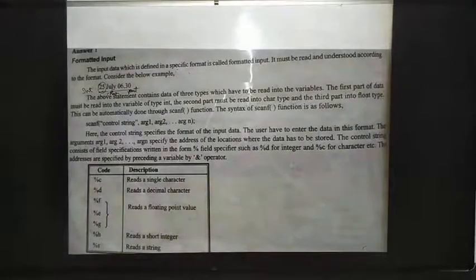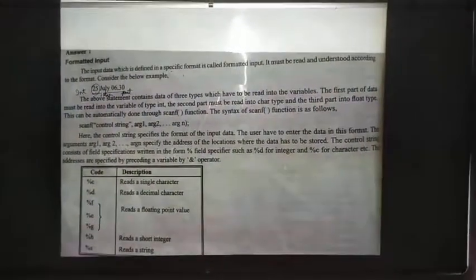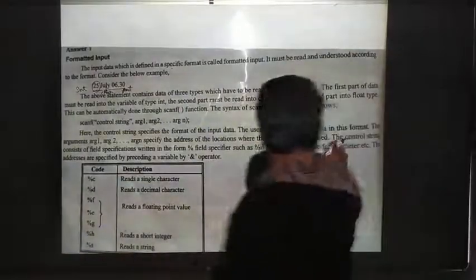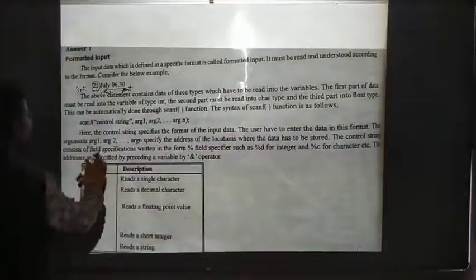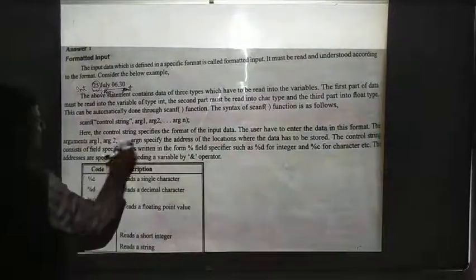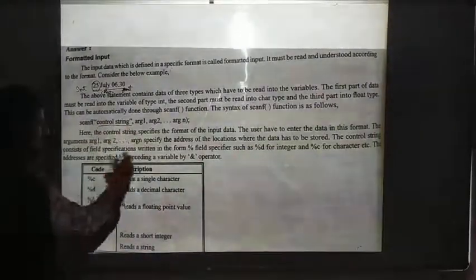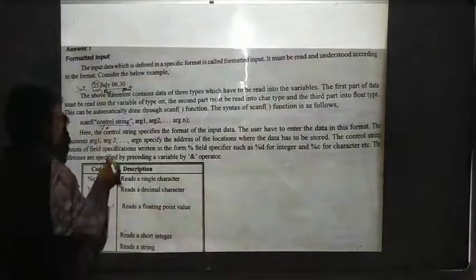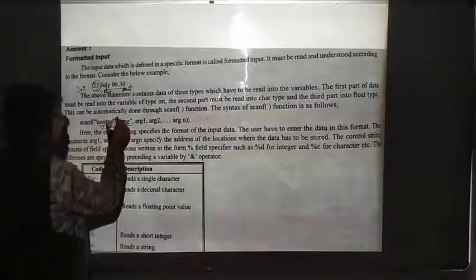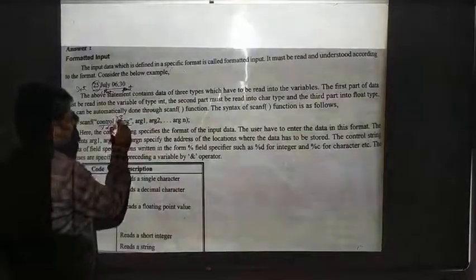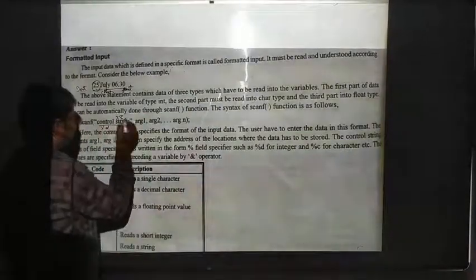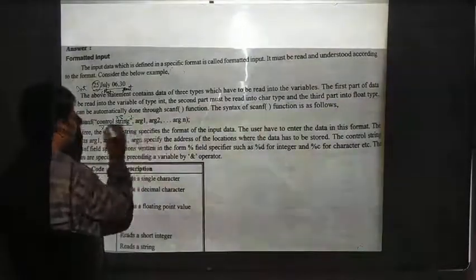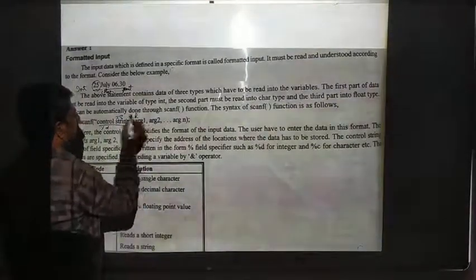What is the symbol here? Ampersand symbol, you can see here. The control string consists of field specifiers. Field specifiers means it may be %d if it is an integer data type, it may be %c if it is a character data type, or it may be %f if it is a float data type.